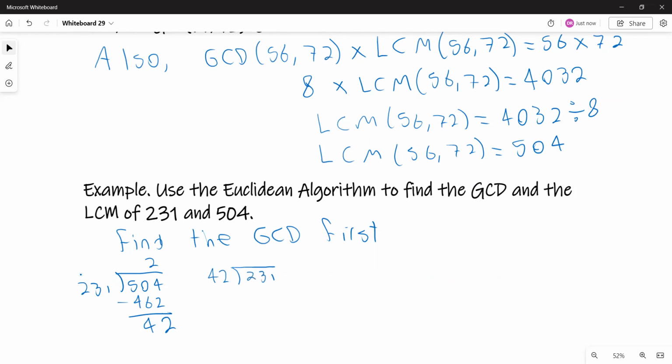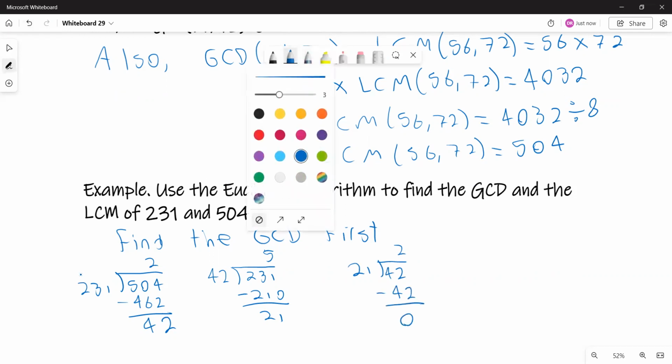Okay, so that's going to be what? That's going to be 5. The remainder is still not 0. We need to do another step. Okay, so once the remainder is 0, we stop there.